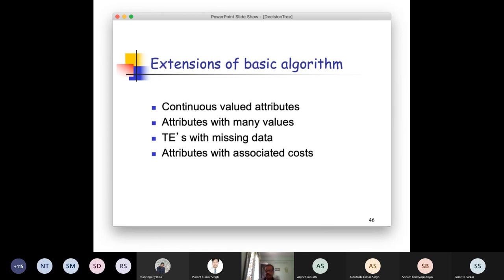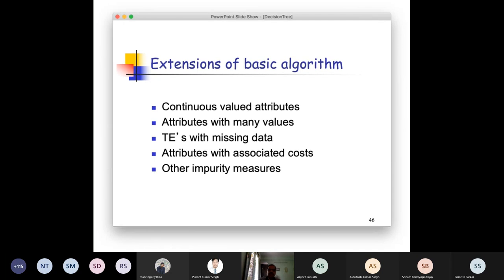And there could be certain attributes which are very costly with respect to the measurements, for example. So if you use those attributes, it would be expensive, and that's why those attributes may not be preferred. If you get another model which avoids use of that attribute but gets relatively similar results, even though its performance may be poorer, we may prefer that model because the cost of using it would be less.